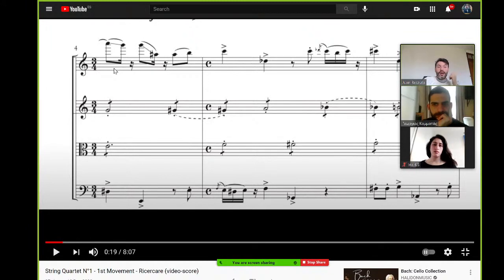We can't even call the glissando an extended technique nowadays. Anyway, it's there and it's idiomatic. You can't do that on the piano, for example, and it wouldn't sound like that on any other instrument. So it's always a choice that relates to the choice of the instruments itself.